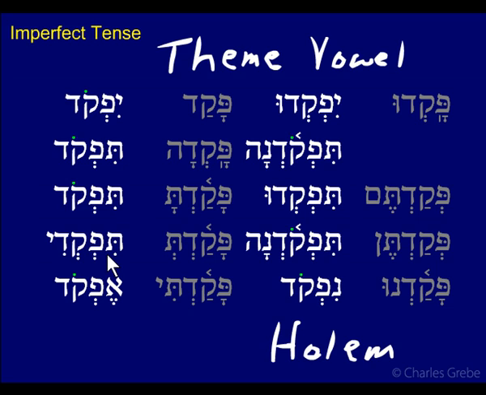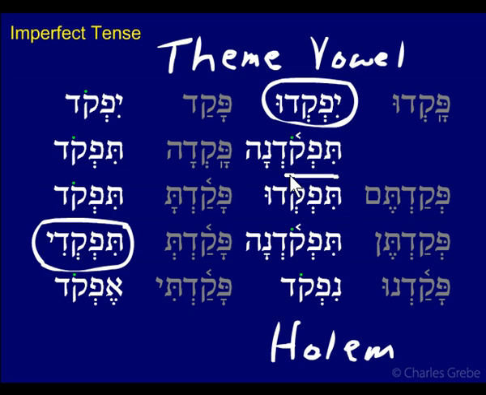Now in this form, and in this form, and in this form, we don't have a holem. Can you tell why? You should know because I already talked about this. We have a holem here in this position, but once we add a vocalic suffix, we get pretonic reduction, and the thing that reduces is, lo and behold, the holem.